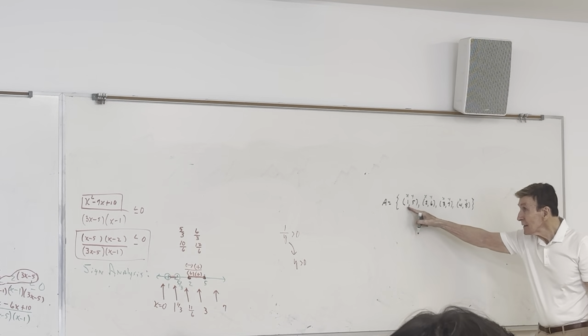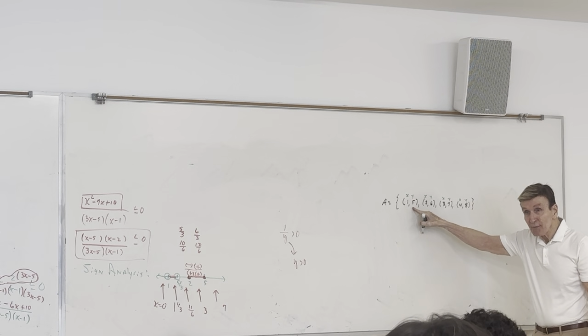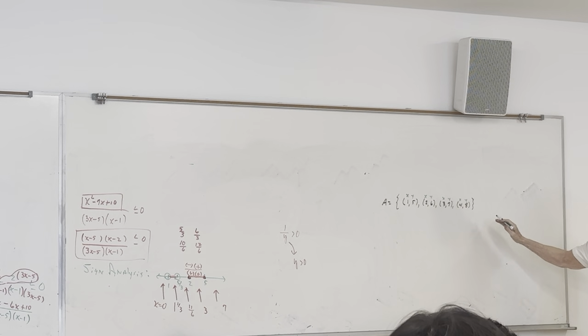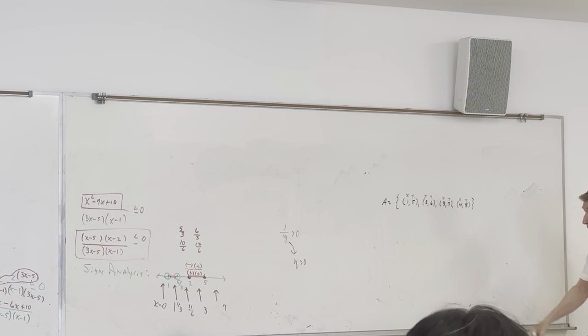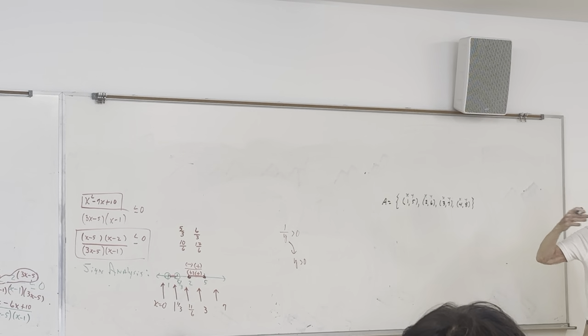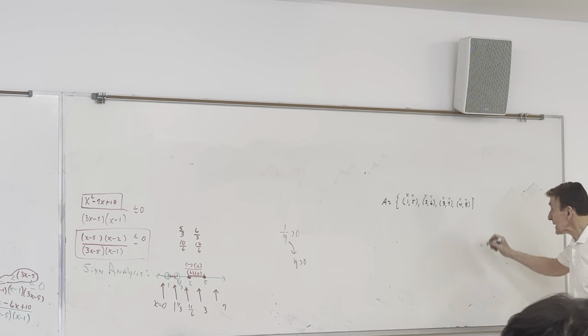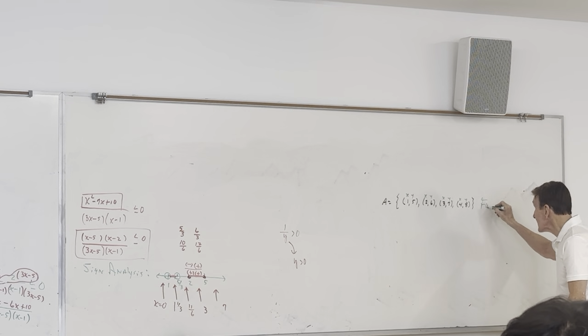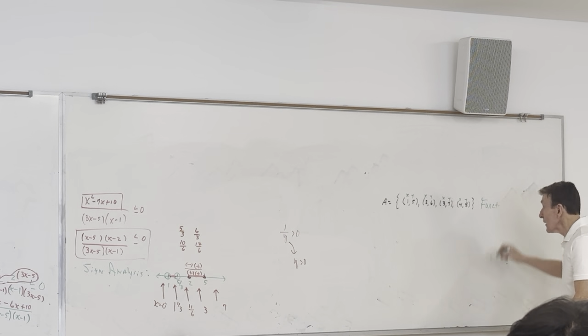Is 1 paired up with 5? Is 1 paired up with anything else? No, exactly 1. 2 is paired up with 6. Did I pair 2 up with something else later on? No. And the other numbers are also just paired up with one number. This can be classified as representing a function.